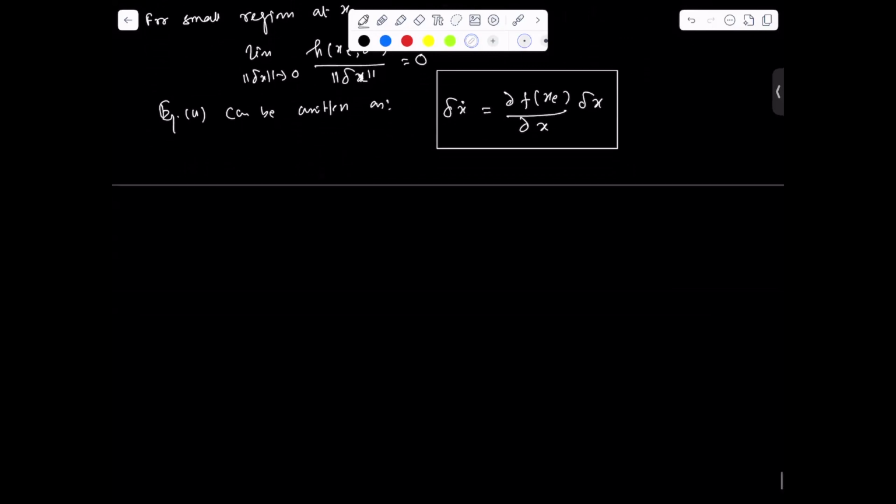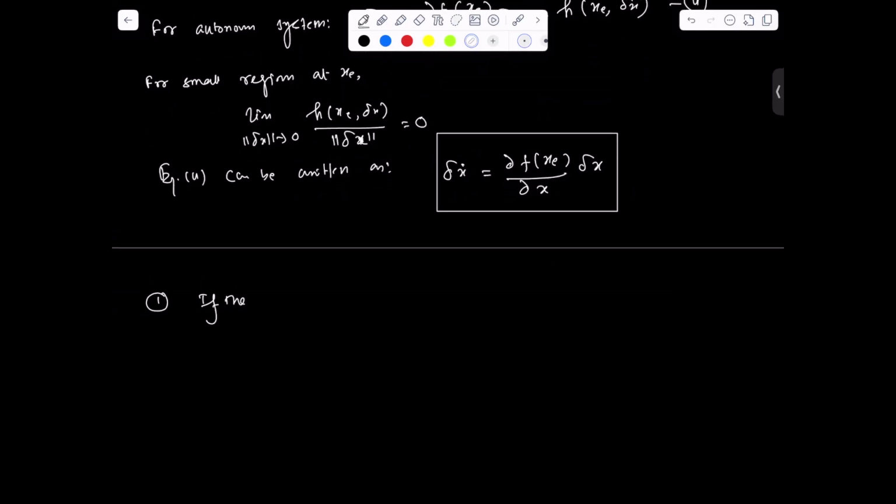So the first one is, if the linearized system, let me write in simplified form, x dot equal to Ax, for example. Here this part we are considering as the A matrix; this is x and this is x dot.